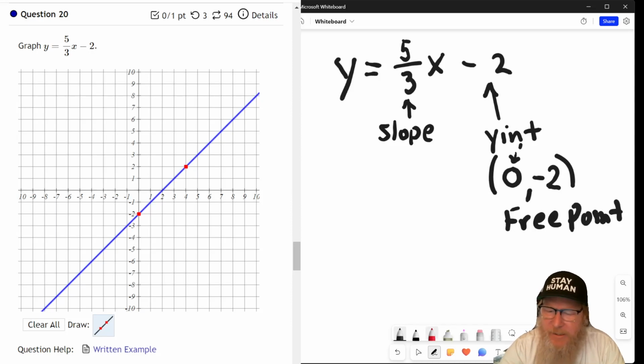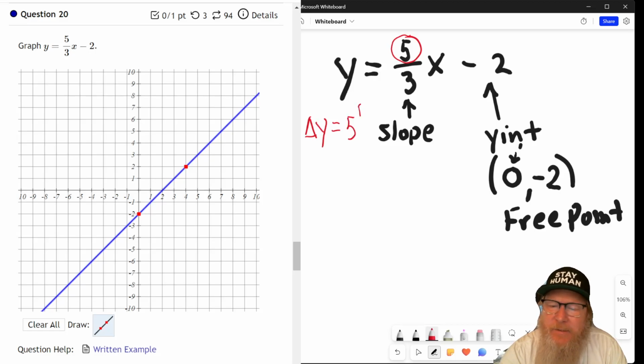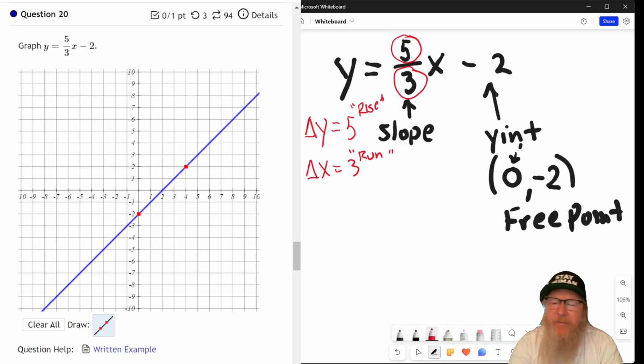I've already discussed what the slope is. The slope is the rise. It's called delta y. It's also known as the rise. And then we have the run called delta x. All right. Now, if both of these numbers are positive, then that means you're going to go up and right.